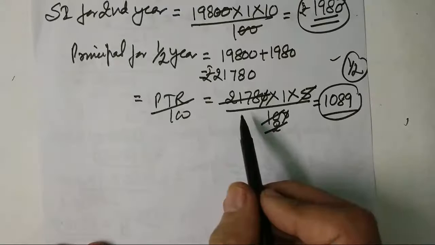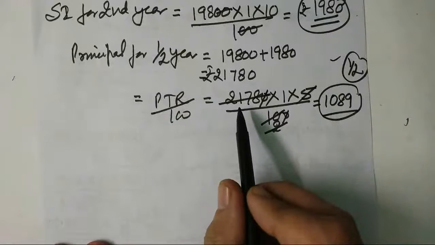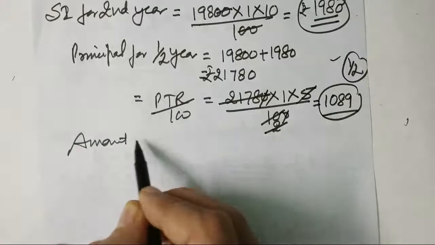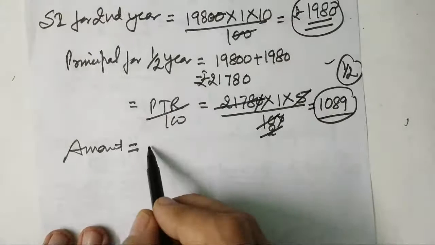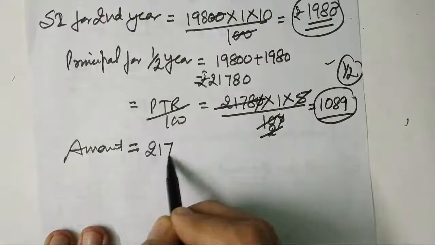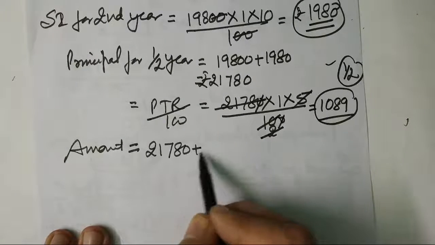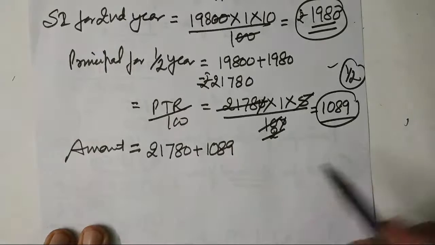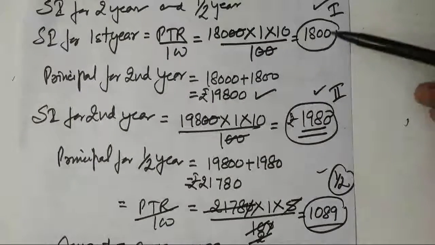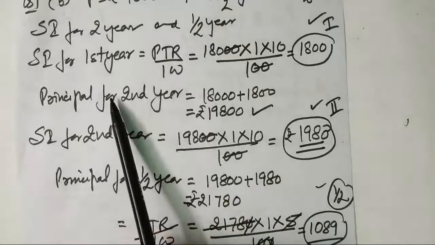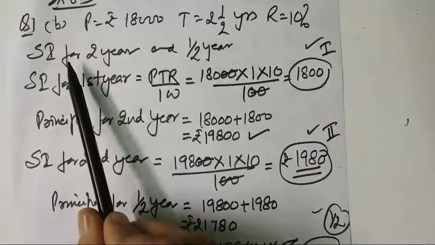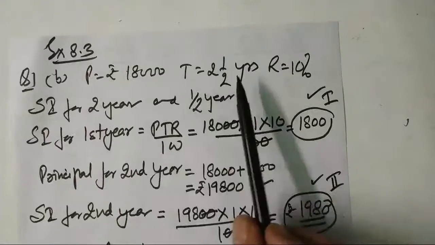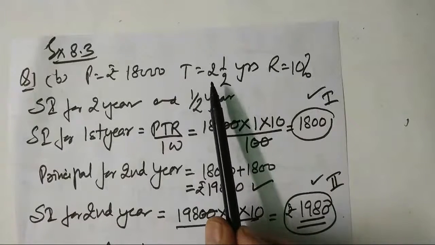The final amount after 2.5 years will become 21780 plus 1089. This will become the amount after 2.5 years. We have calculated the simple interest for the first year, and so on, up to 2.5 years because we have to calculate the time of 2.5 years.